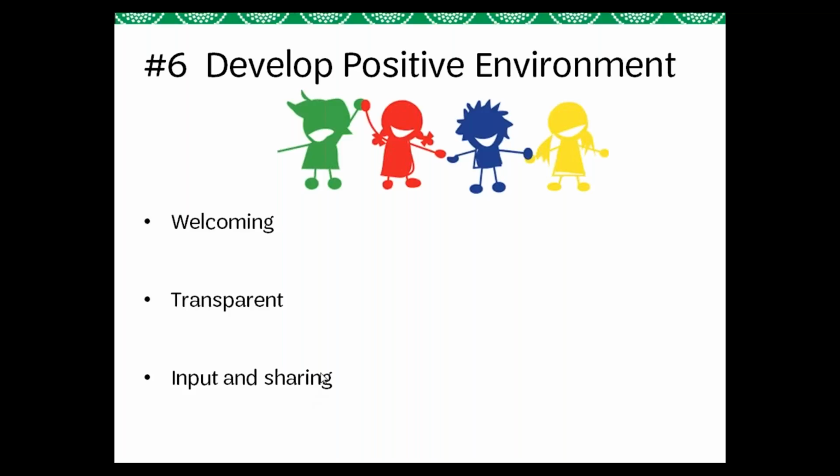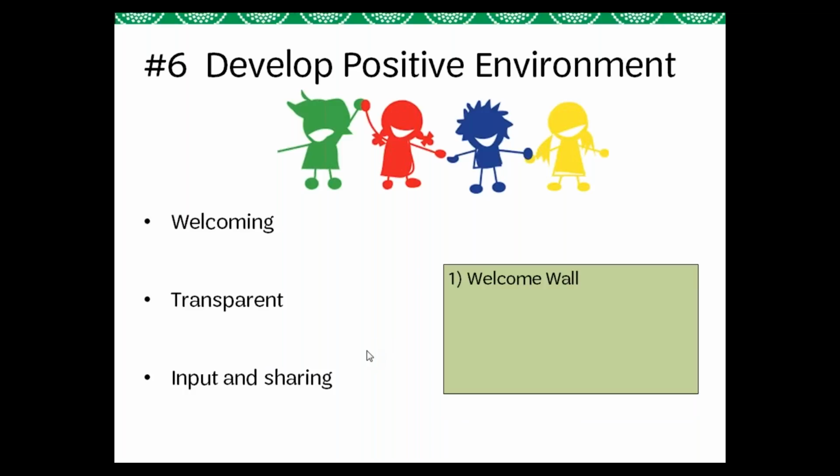So a couple of ideas to allow your troops space for input and sharing both ways are, for example, a welcome wall. You don't have to dedicate any time out of your troop meeting, but maybe you have a place where girls can display a family collage that they did with their parents, maybe on a poster board.